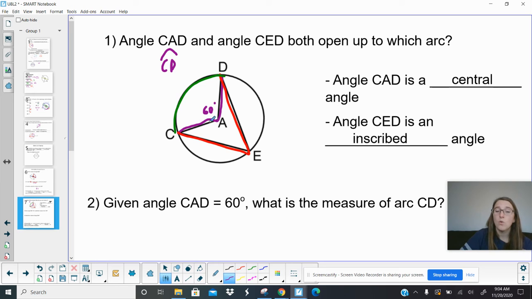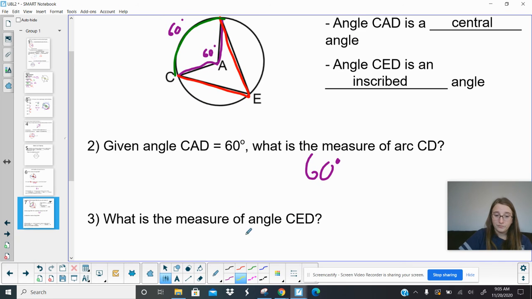Coming from the center here, this angle has a special relationship with the arc. What is the arc going to be, because this is a central angle? It's going to be the same. Because it's the center, this arc is going to be 60 degrees. So the measure of arc CD is 60. Center, same.